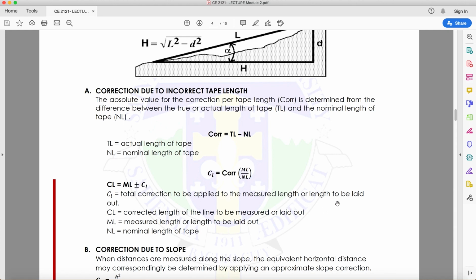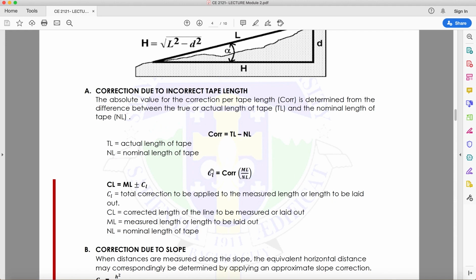Of course, pag magme-measure ka, sabihin natin 150 meters ang i-measure mo, pero yung tape measure mo is 50, magkakaroon ka ng tatlong correction. Okay? Kasi yung every measurement, there is an error. Okay? There is an incorrect reading. So you need to correct those readings per measurement.